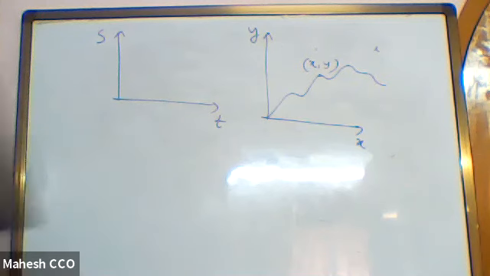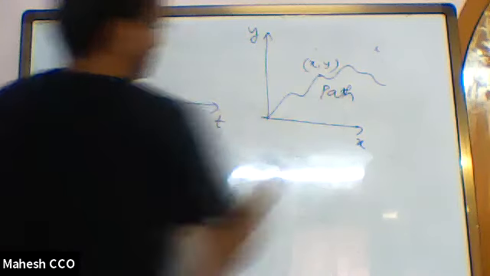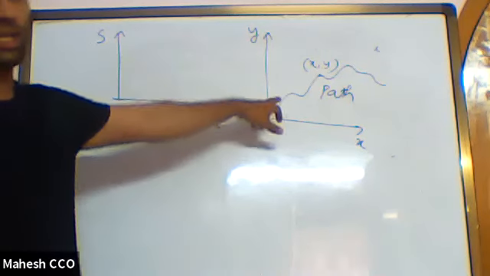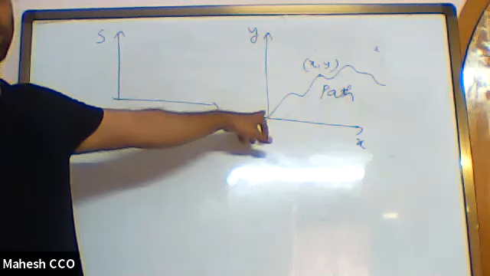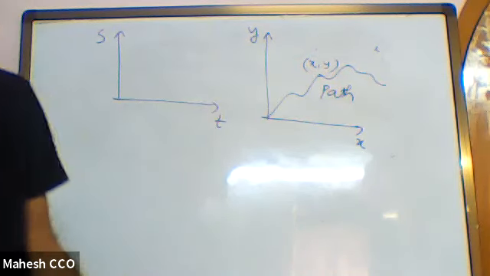That is nothing but the graph of the path. So this is the graph of the path actually. So the path traced here, definitely one can say that the particle is not moving in a straight line, because this is the path which is not a straight line, obviously.